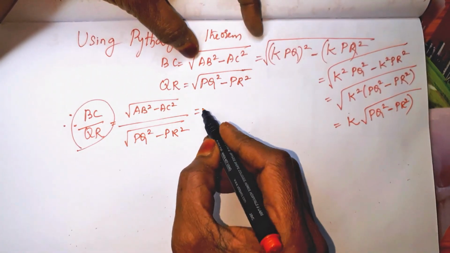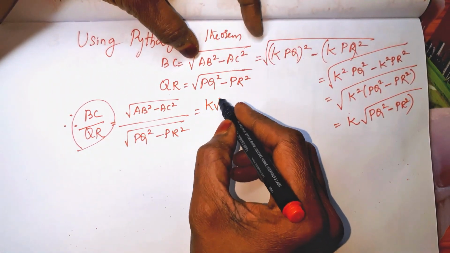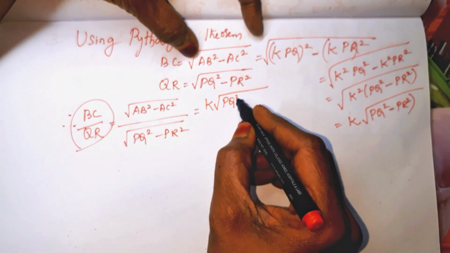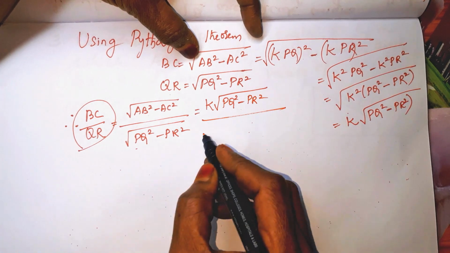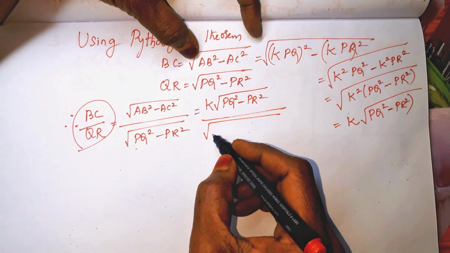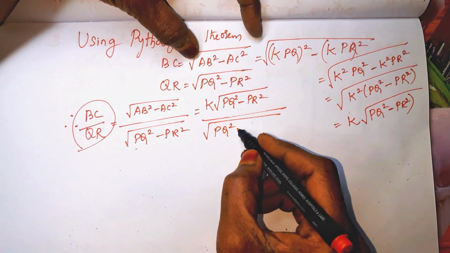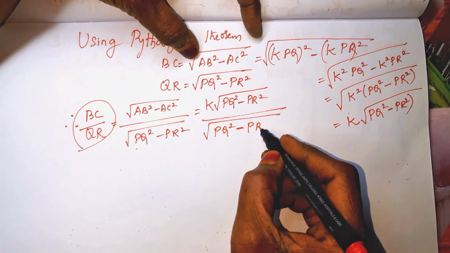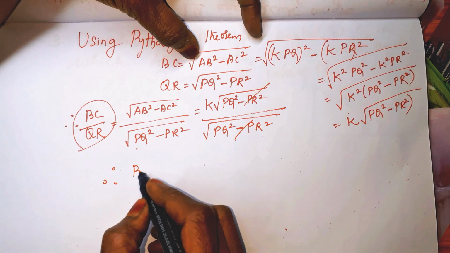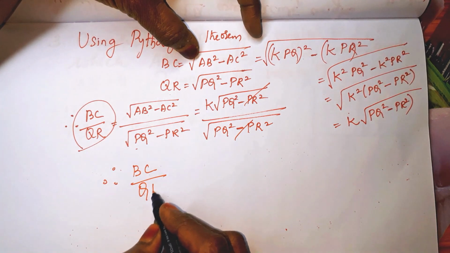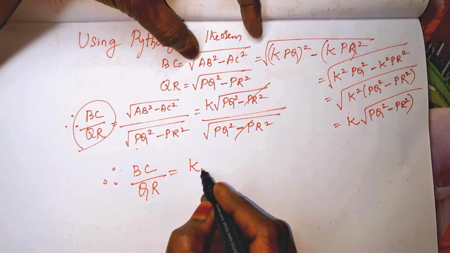So for BC we can write K into root of PQ squared minus PR squared. These two will get cancelled. Therefore, we are getting BC by QR is equal to K.